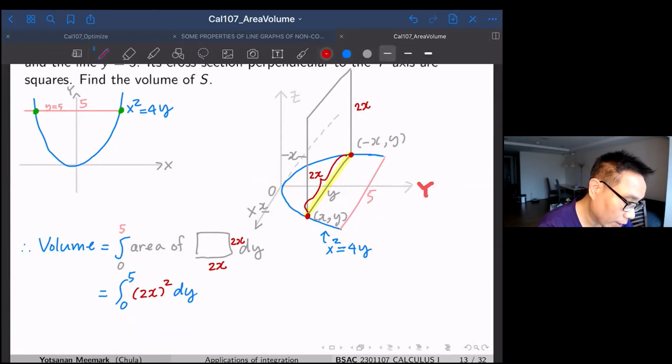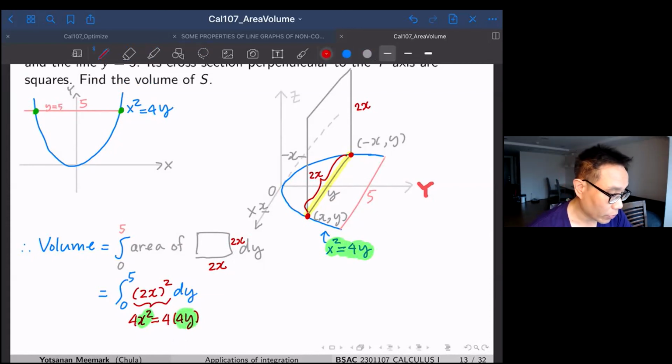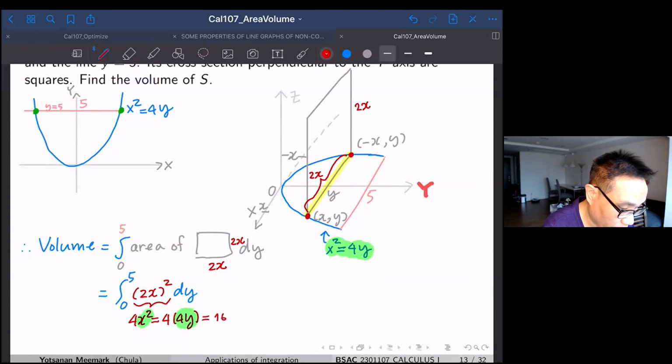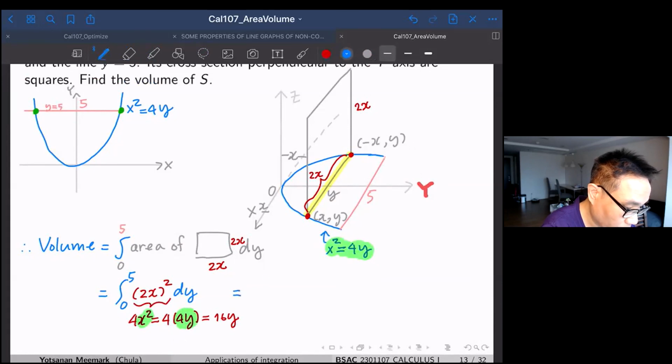For this one, you have 4x squared, and you'll be able to change x squared to 4y. So it's going to be times 4y. You have x squared equal to 4y here, so this is going to be 16y. So the integral that you are integrating is the integral from 0 to 5 of 16y dy.